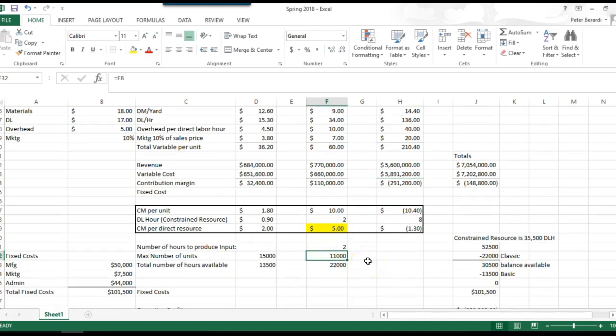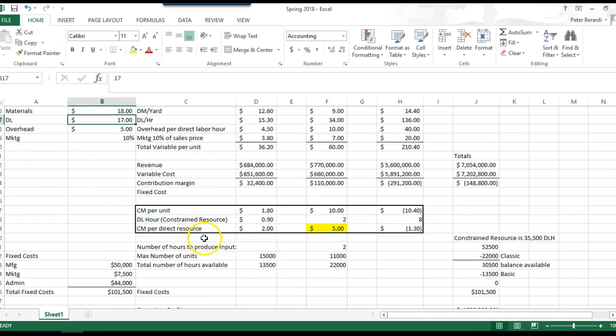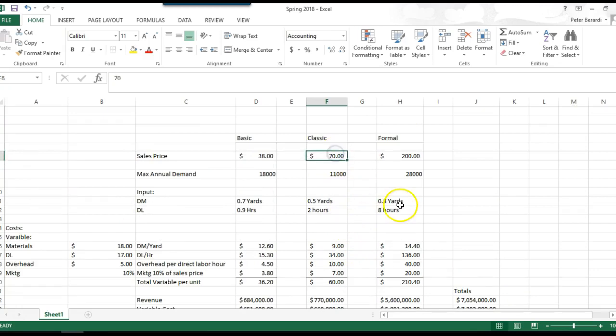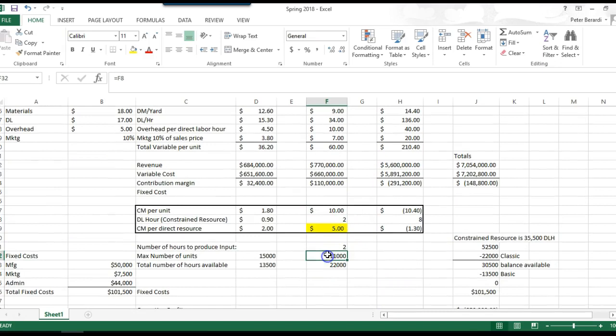So now the number of hours to produce input did not change, just the dollar amount. So if it takes 2 hours to make 1 unit of classic, that means we can produce all 11,000 units. Okay, so now 30,500 is available.